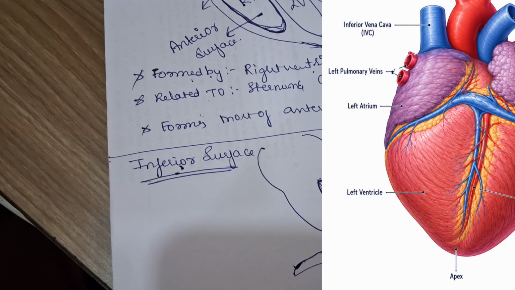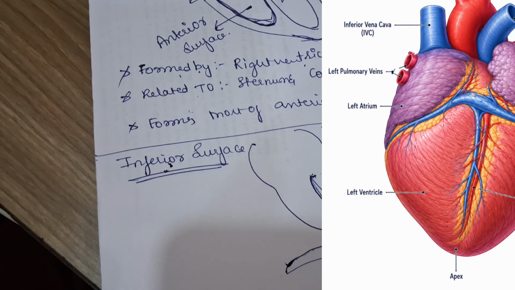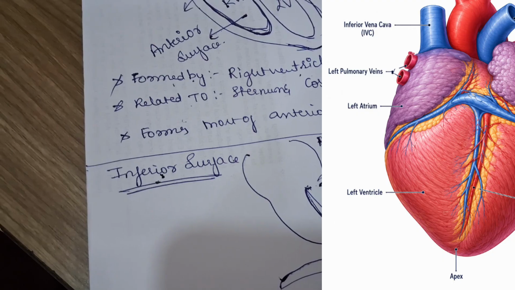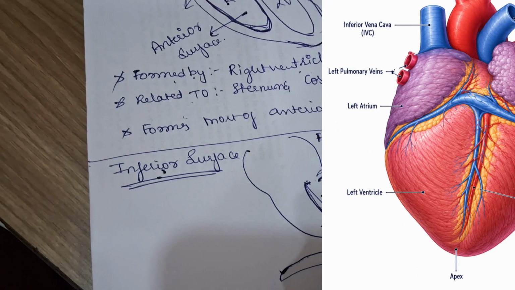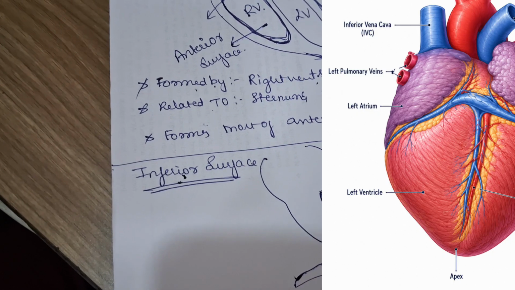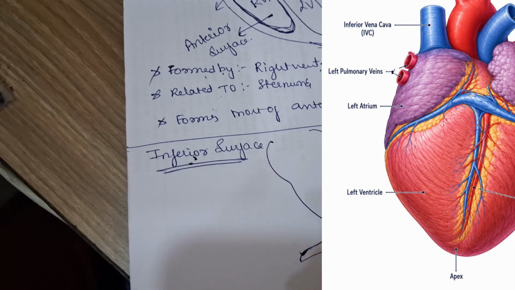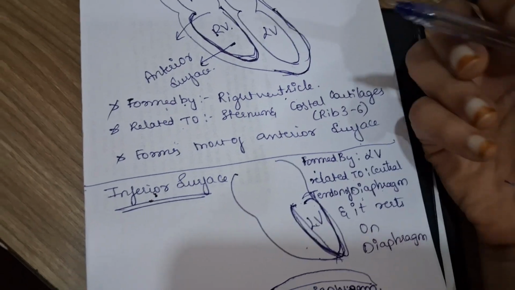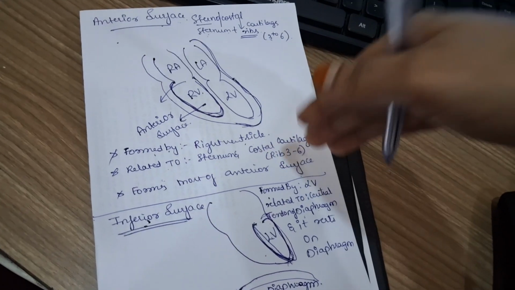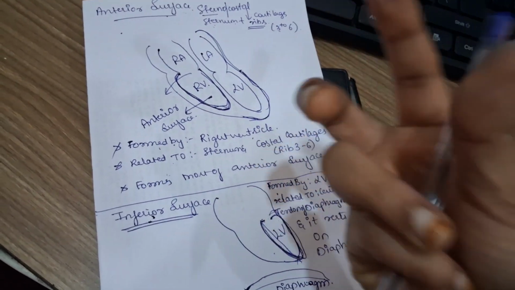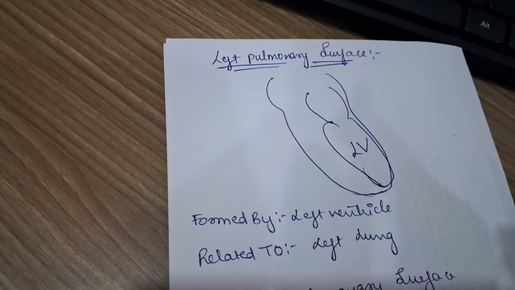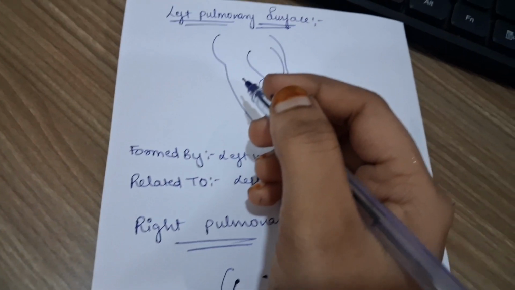If you know the anatomy of the diaphragm, you can easily understand the central tendon of the diaphragm. So as I said before, it rests inferiorly, below the heart, on the diaphragm. Understood? So let's move next.